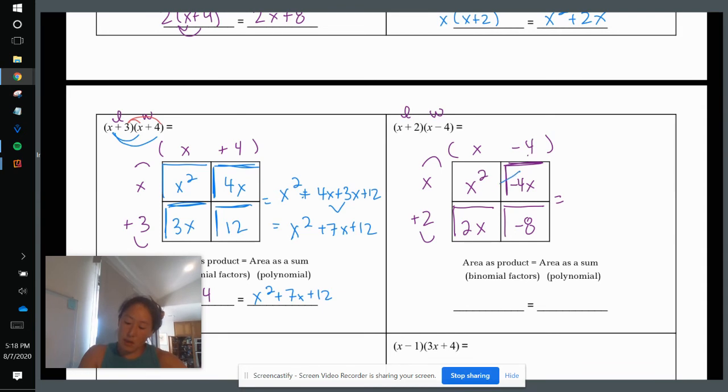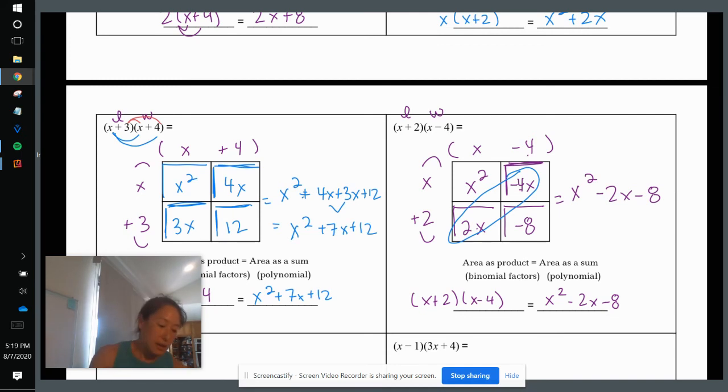I like to combine my like terms right in the get-go, so I do x squared. 2x minus 4x is negative 2x minus 8. So x plus 2 times x minus 4 is equal to x squared minus 2x minus 8. And that is that.